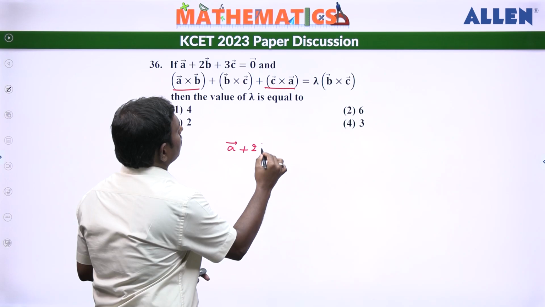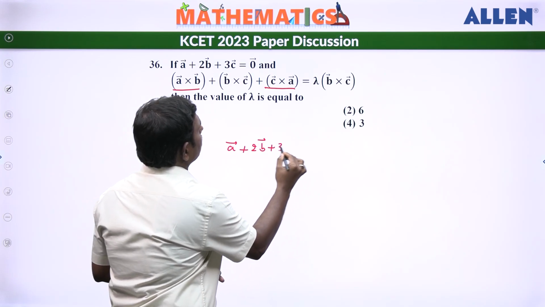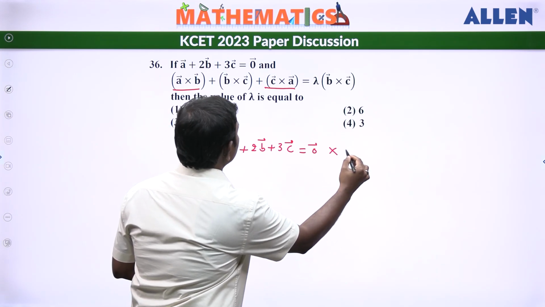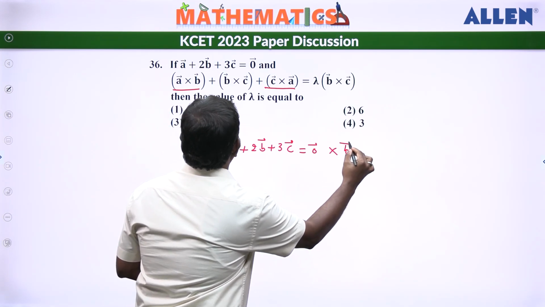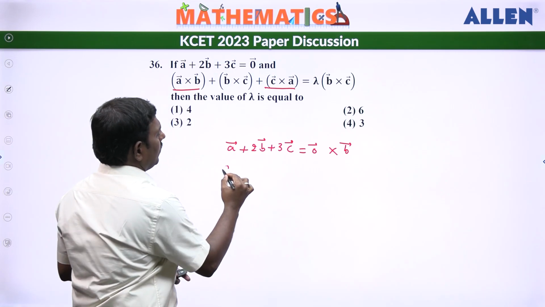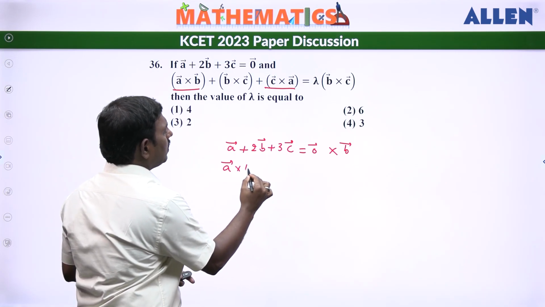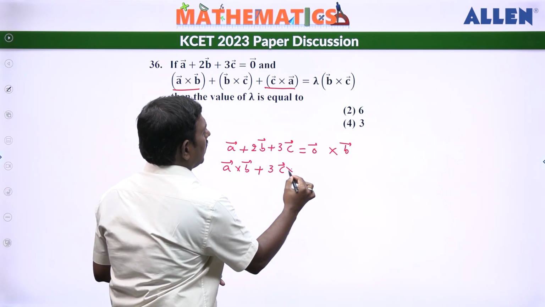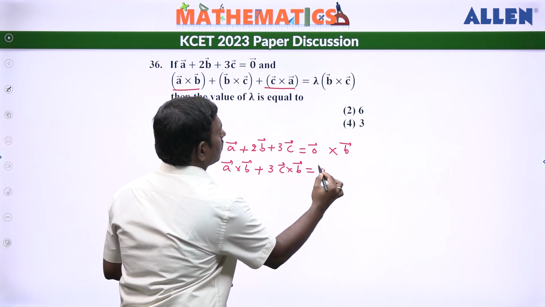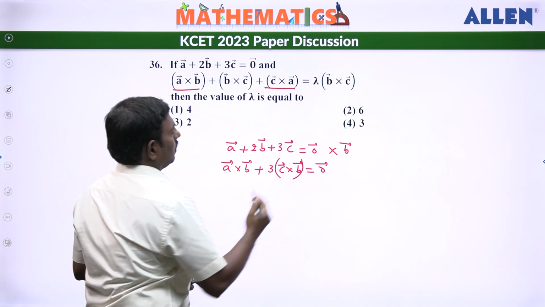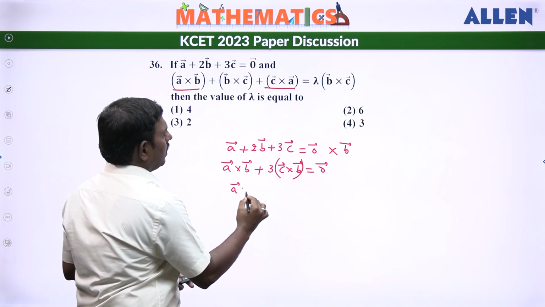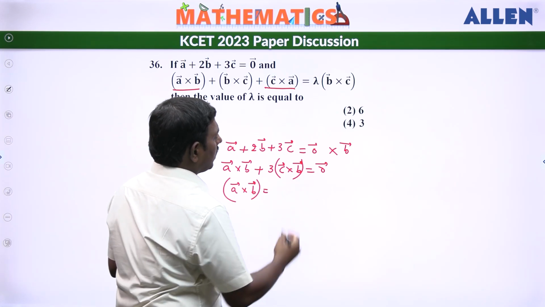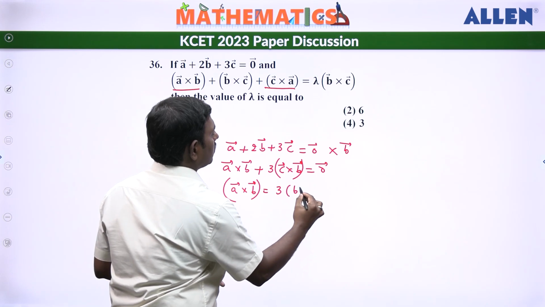plus 2b bar plus 3c bar is equal to 0 bar, applying cross product with b bar. Then you will get a bar cross b bar, and b cross b is 0, and 3 times c cross b is equal to 0 bar. From this we can say a bar cross b bar is equal to minus 3 times c cross b, so that is plus 3 times b cross c.